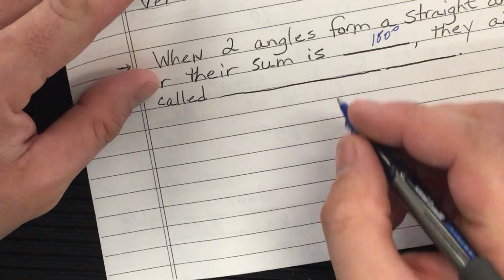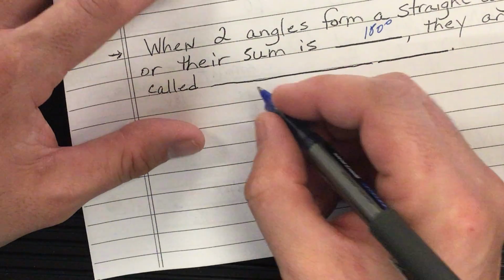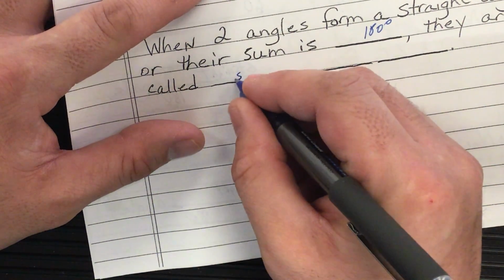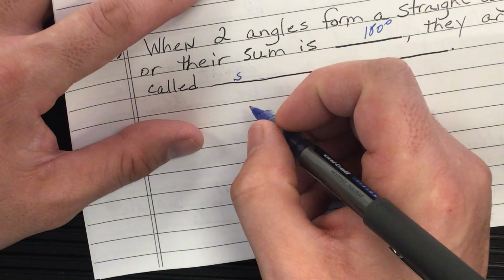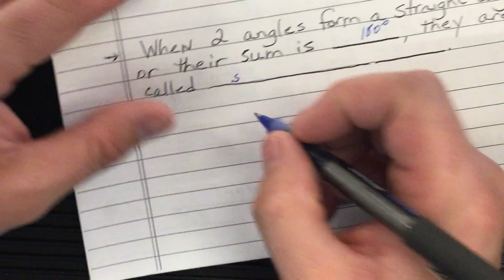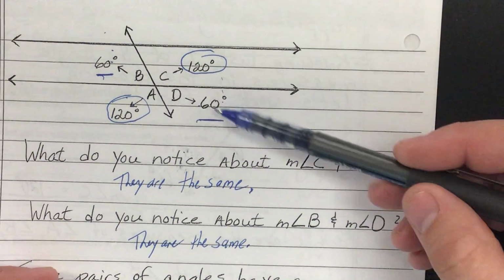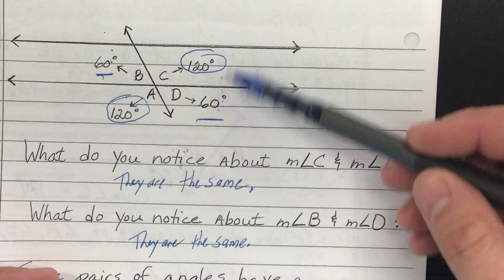And they are called, what are those when I add up to 180 again? Straight angles. Straight line. Special name when they add up to 180.